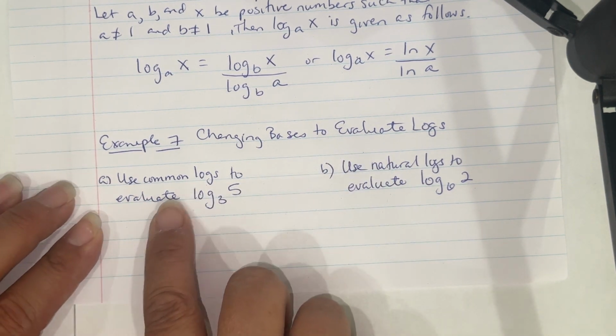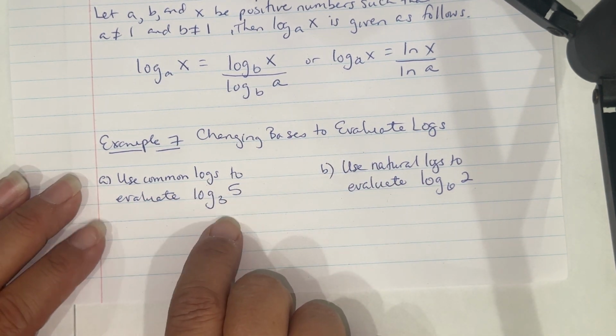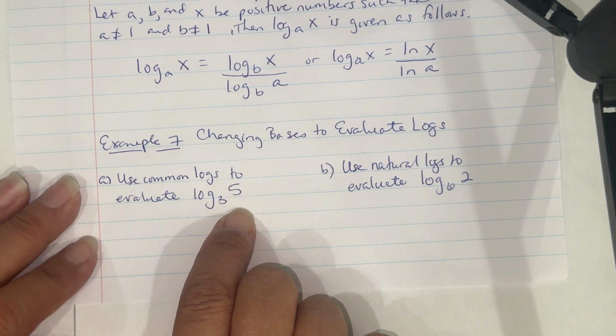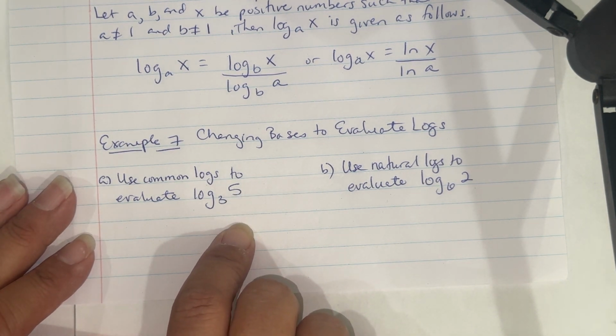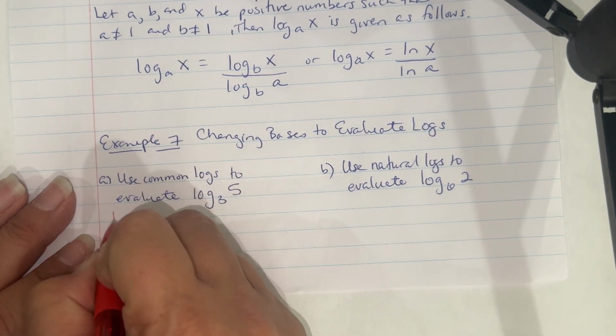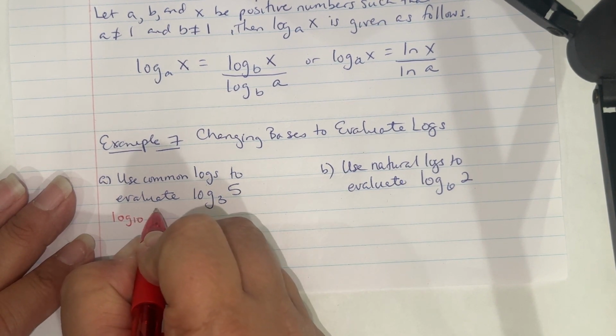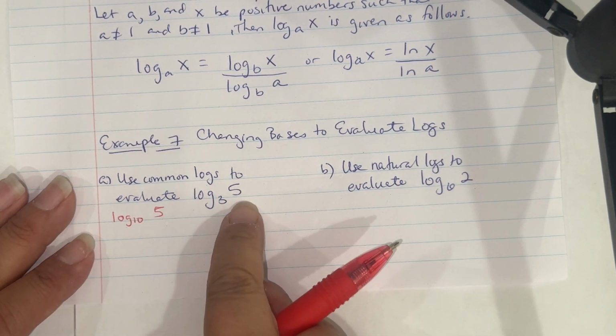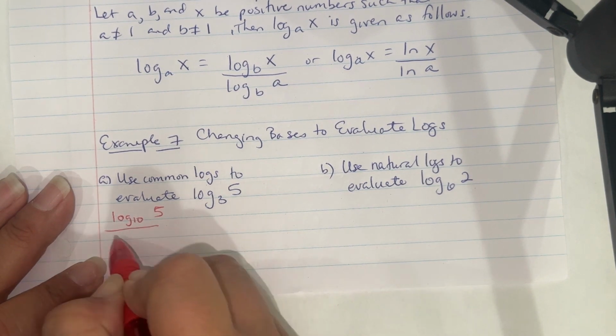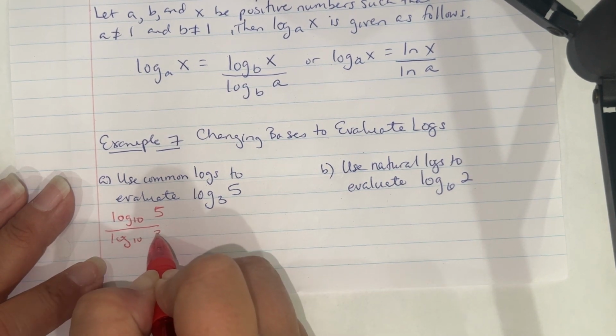For the first one, we're going to use common logs to evaluate log base 3 of 5. So what we're going to do is rewrite it in base 10 form: log base 10 of 5, because 5 is the first number, over the log base 10 of 3.